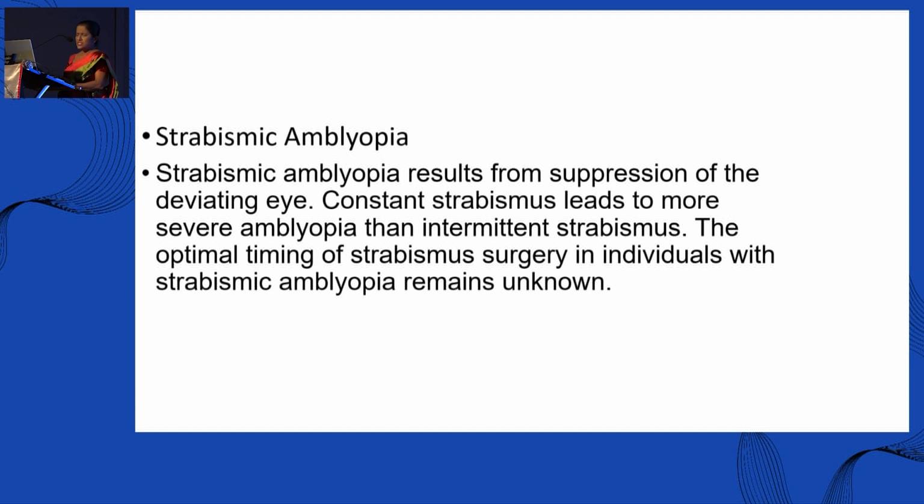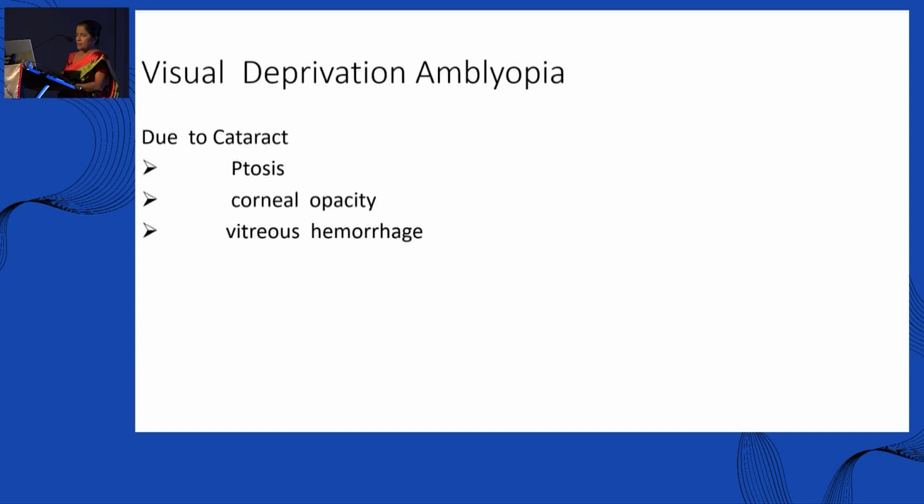It should be an individual decision when it should be done. And visual deprivation amblyopia is the most dense type of amblyopia. They are due to cataracts, ptosis, corneal opacity, and vitreous hemorrhage. So visual deprivation amblyopia is the most difficult to handle, and we should correct them early to have good results.